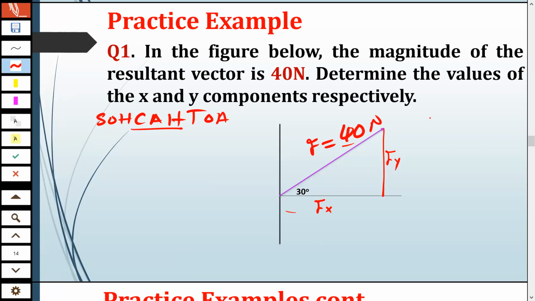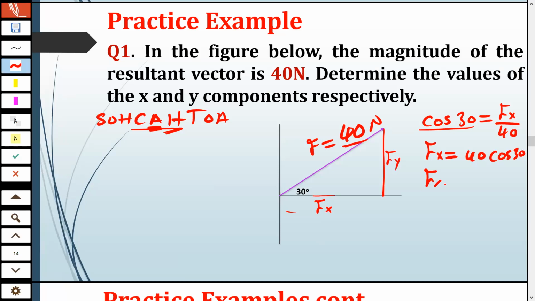So we are going to say cos 30 is equal to the adjacent, which is Fx, the x component of the force, over the hypotenuse, the longest side, which is 40. So the force in the x is simply going to be 40 times cos 30.